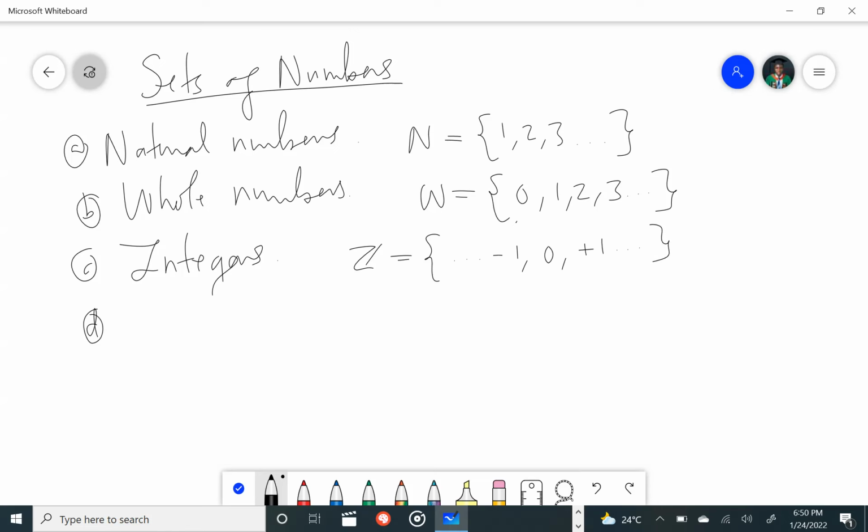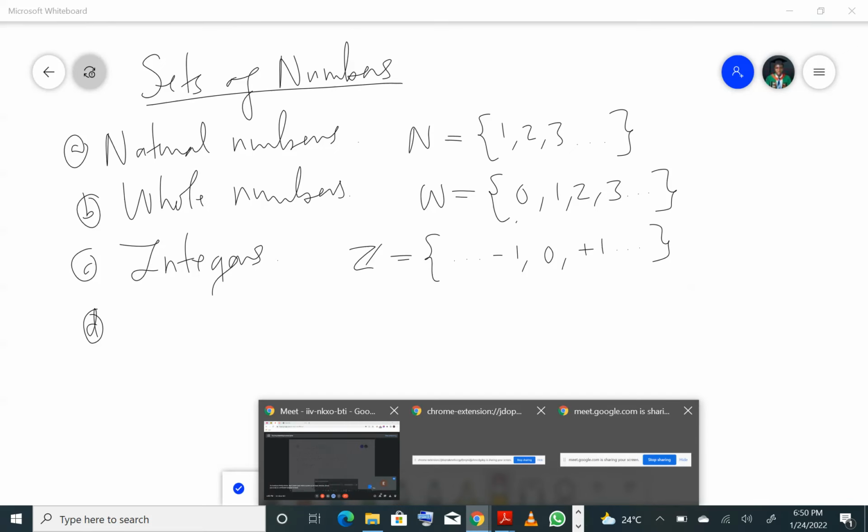At times the same set of integers can also be written as 0, plus or minus 1, plus or minus 2, etc. But the point is that you've got 0 and the positive and negative numbers. That's the hallmark feature of integers.